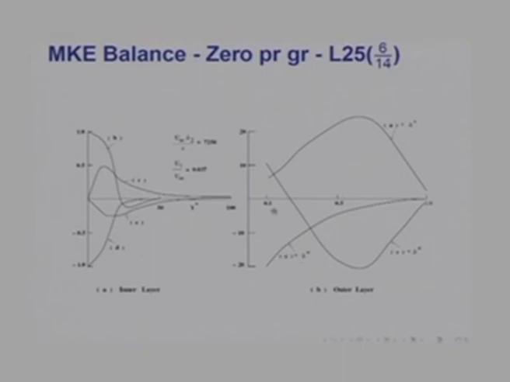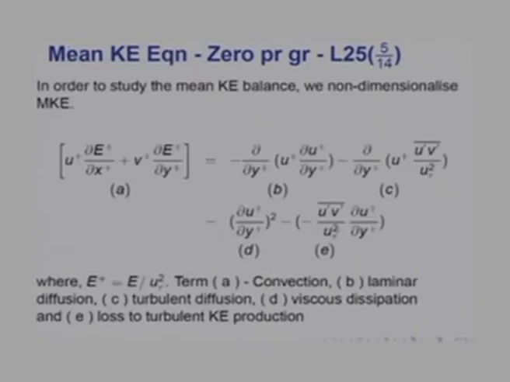Now, you see the following: the convection of mean energy, which is this term, is almost completely balanced by the turbulent diffusion term, C term, and also by the term E here, which is the turbulent kinetic energy production term, and this is the turbulent diffusion term.